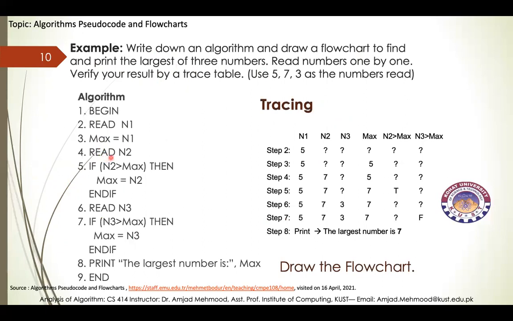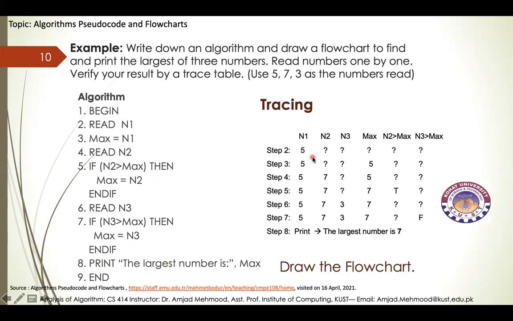Then you ask the user to enter another value, and now that we have two values we can compare whether the second value is greater than the maximum. Then we receive n3, check it, and assign n3 to the maximum if it is greater. This is how we get the maximum value with the identifying message.